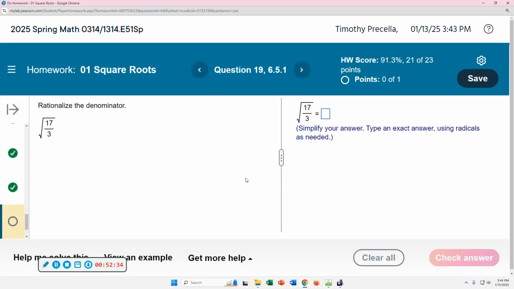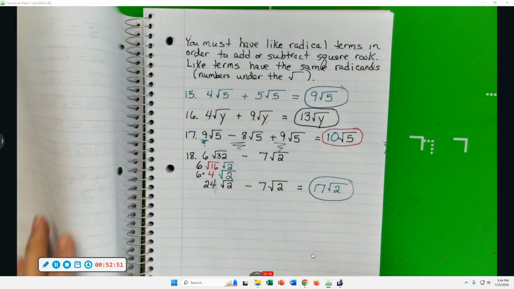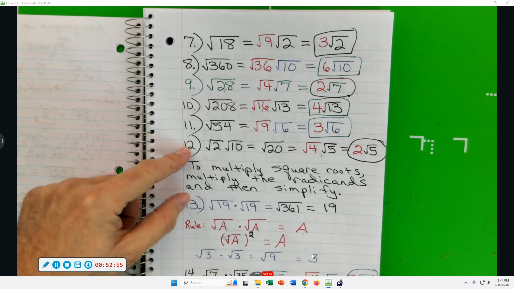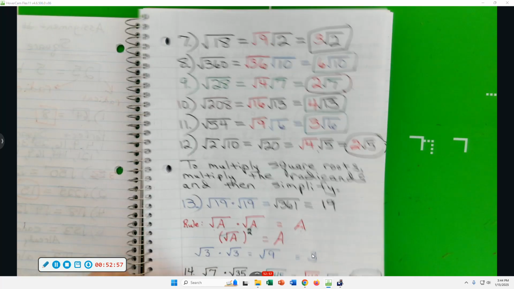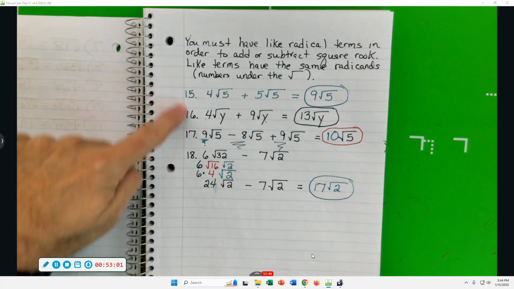Okay. The last two problems, they've got to be the hardest two. We've added, subtracted, and multiplied square roots. We started multiplying with 12, 13, 14, that was multiplication, and then we started adding and subtracting.